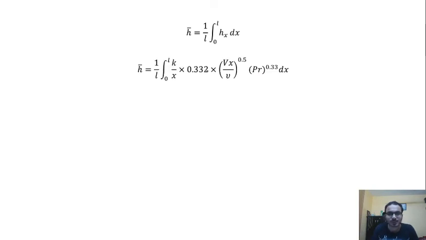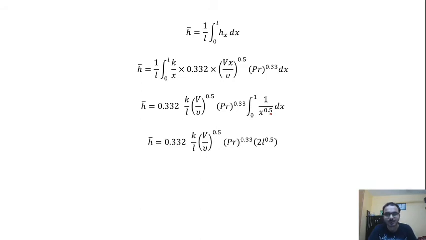As you can see over here, H bar is equal to 1 upon L integration 0 to L, K upon x, 0.332, Reynolds number raised to 0.5 and Prandtl number raised to 0.33 dx. So these are just mathematical simplifications, and we are only left with integration 0 to L of 1 upon x raised to 0.5 dx.